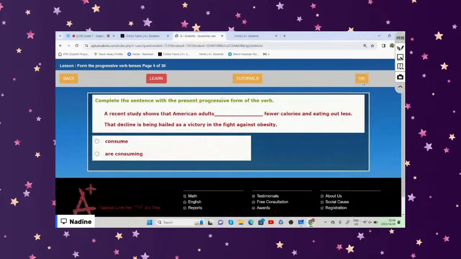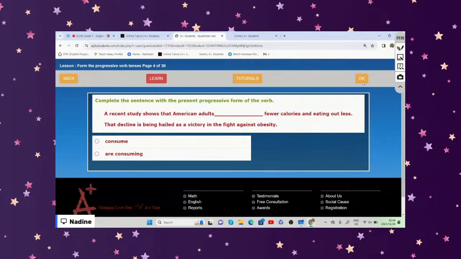Let's do the last one. A recent study shows that American adults, this is now the present progressive form of the verb, consume or are consuming fewer calories and eating out less.